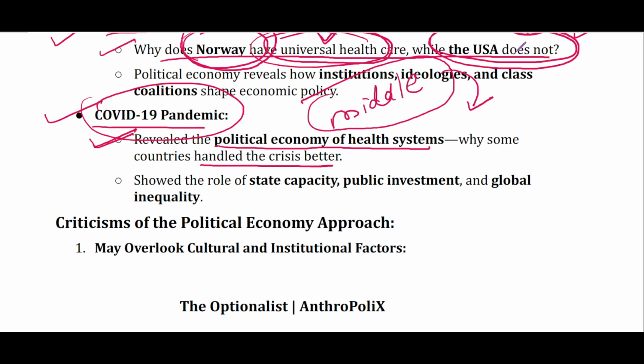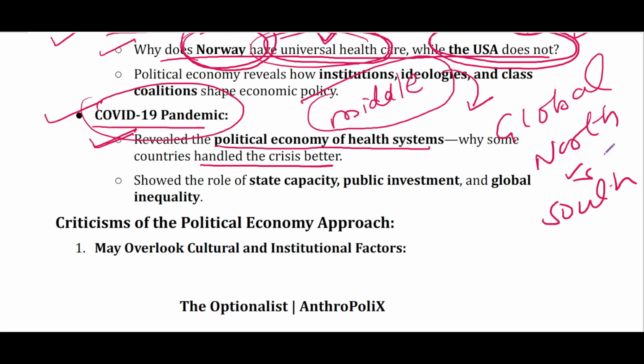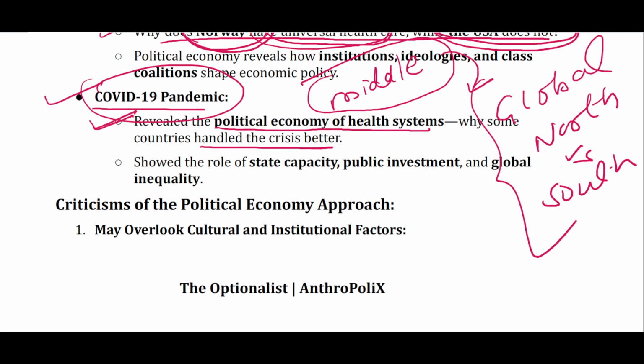USA के उन सब के केस में कि there was a high degree of mismatch between the countries of global north and that of global south, global north versus global south. तो ये भी जो आउटकम है, ये भी जो बिहेवियर, इट इज स्टडीड बाय दिस अप्रोच.